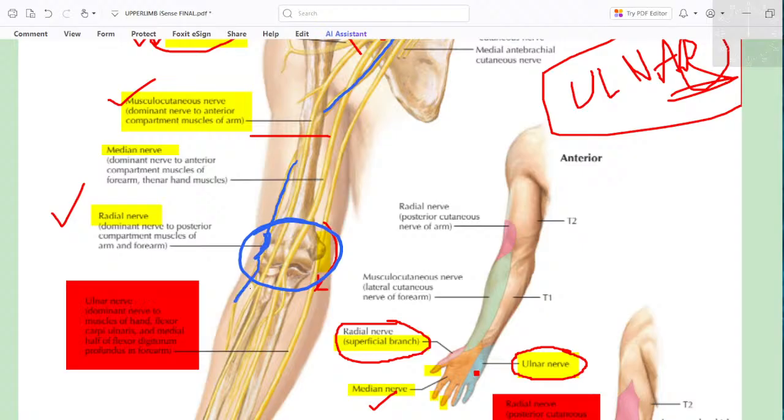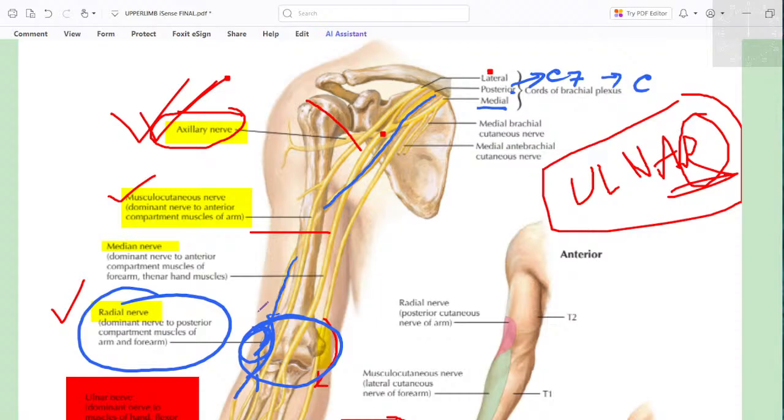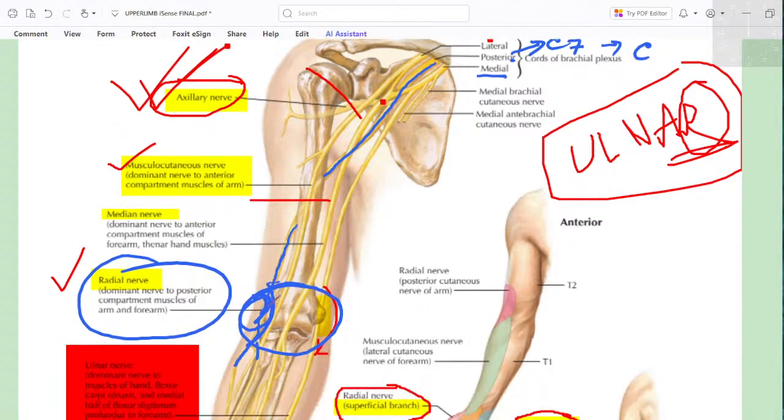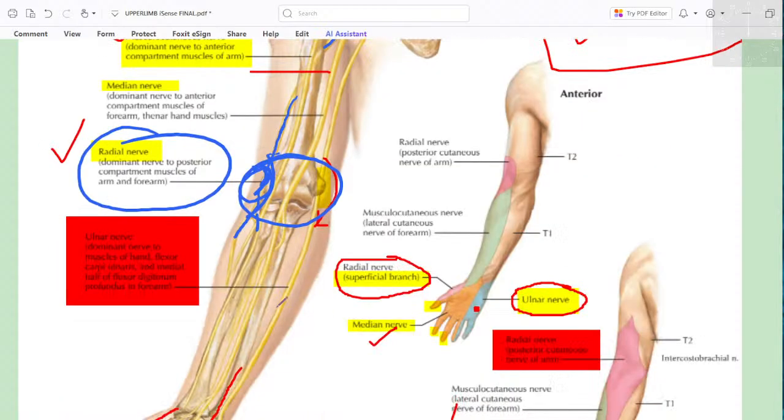Then again, it is feeling shy, so it goes back posteriorly. The radial nerve is always in the posterior, only at the elbow joint, the lateral epicondyle, does it come in front, and then again it goes back. So this is the radial nerve, and the radial nerve always remains posterior in the arm, forearm, and the hand.